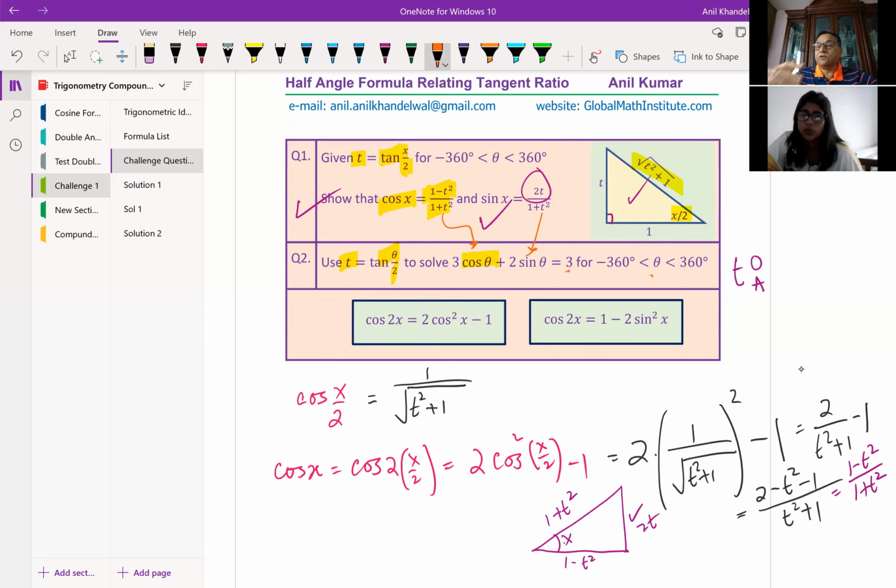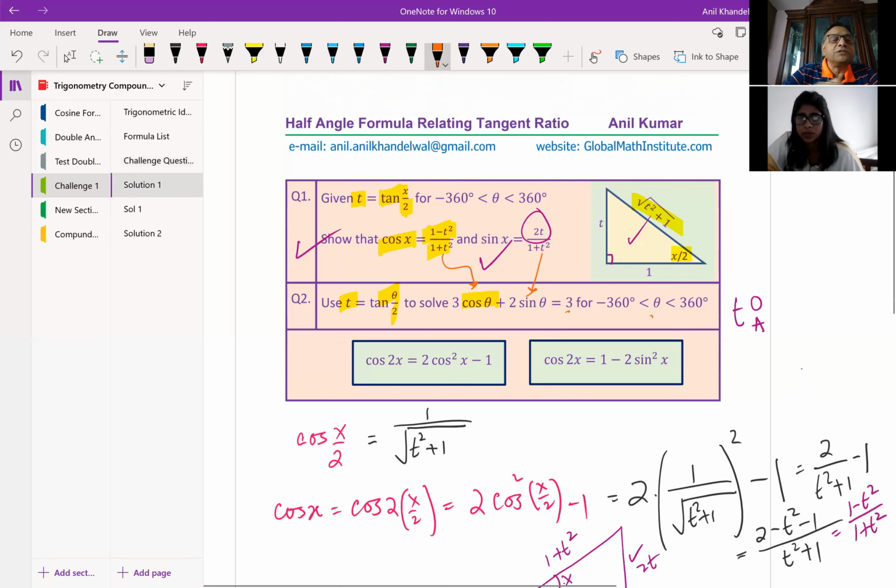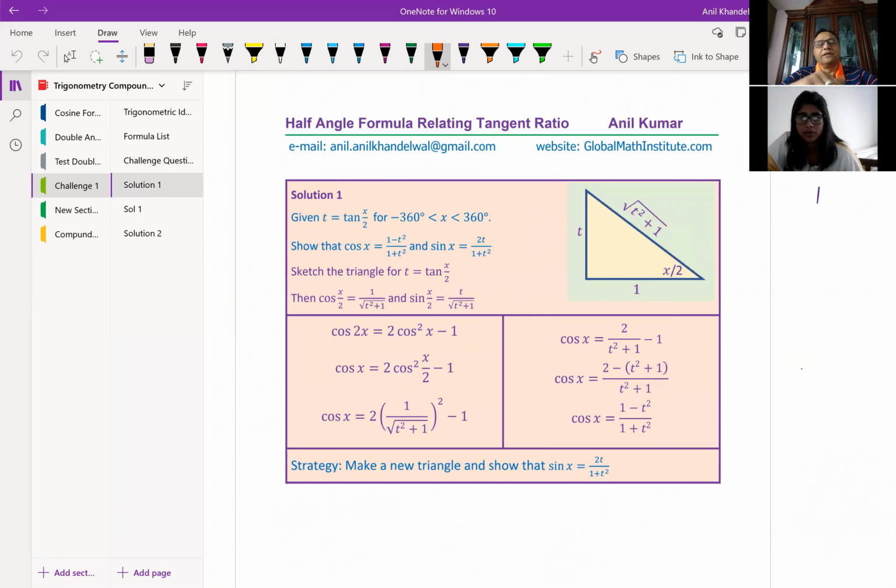So it's a very tricky question, excellent question. Now let's look into the solution and then we'll go slowly. So first part, slightly simpler. Can you please read the solution? Yes. Given that t equals tan x over 2 for x between minus 360 and 360, show that cos x equals 1 minus t squared over 1 plus t squared and sin x equals 2t over 1 plus t squared.